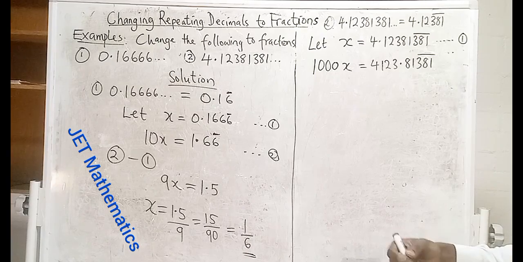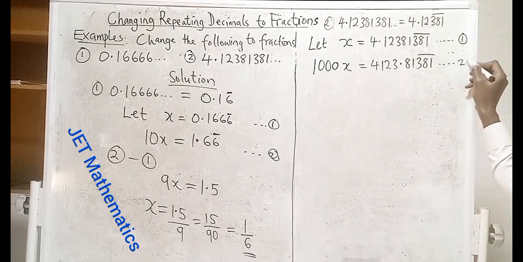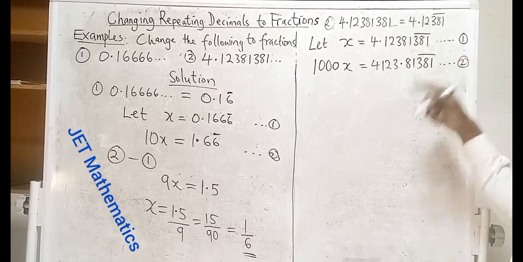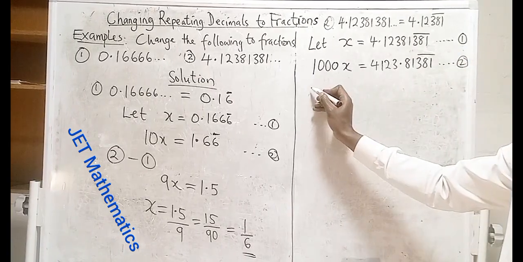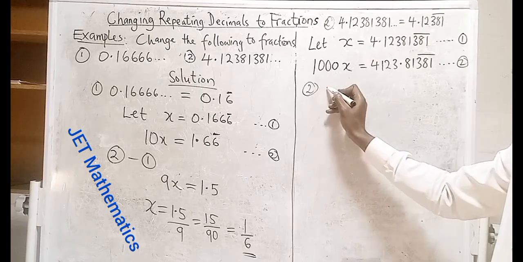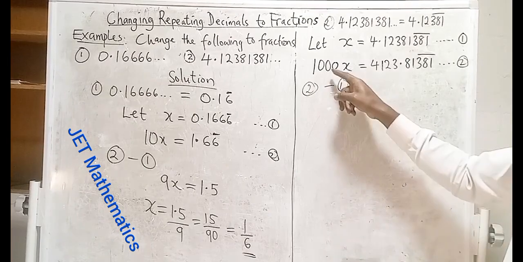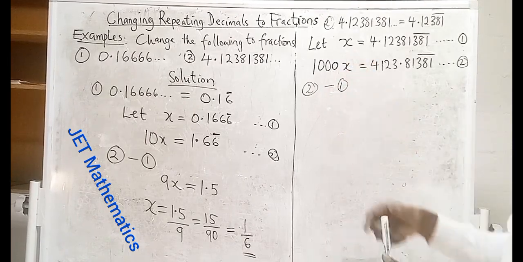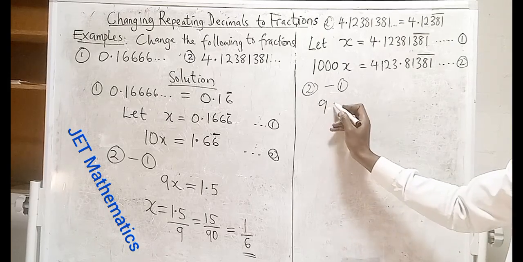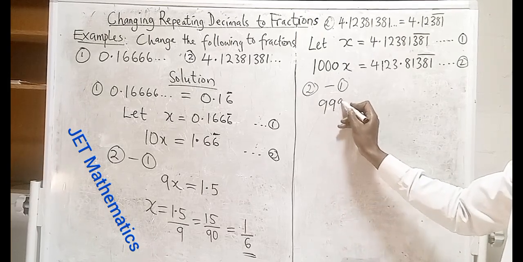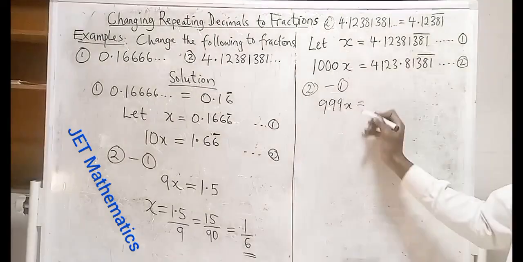Then we call this equation 2 and subtract 1 from 2. So 1000x minus x is 999x, equal to this minus this.